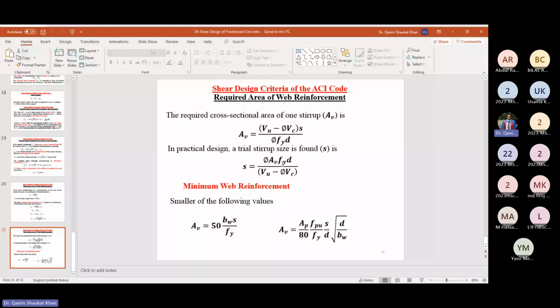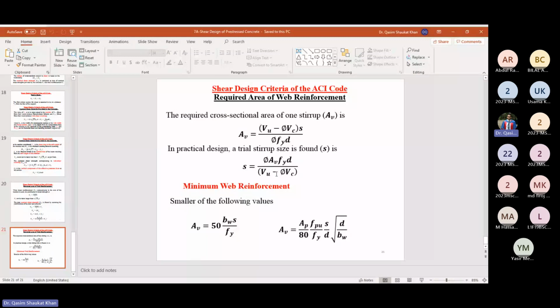Yield stress is generally 250 megapascals. d is the depth which you will get from the cross-section detail. Vu will be your applied shear. Phi Vc will be the nominal contribution of the concrete in resisting the shear.